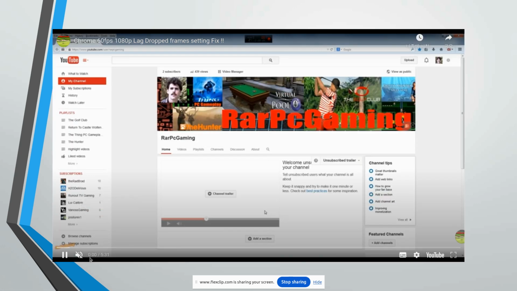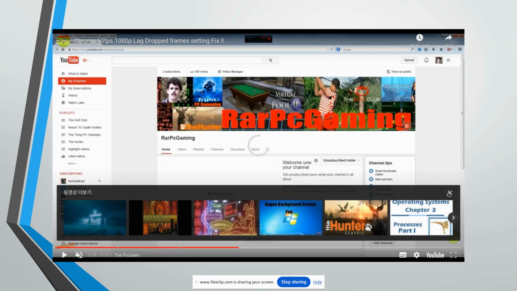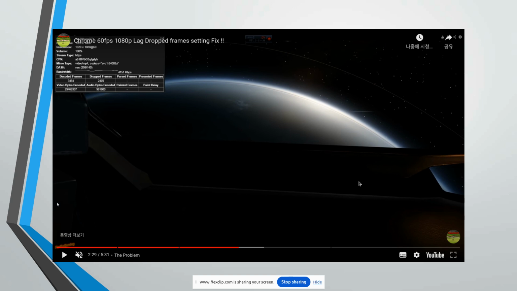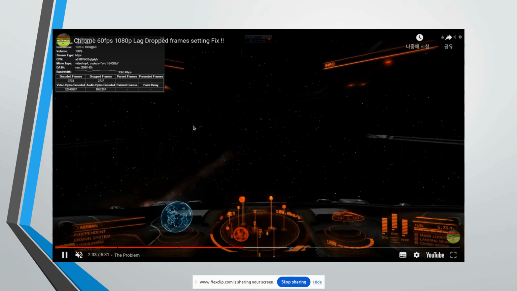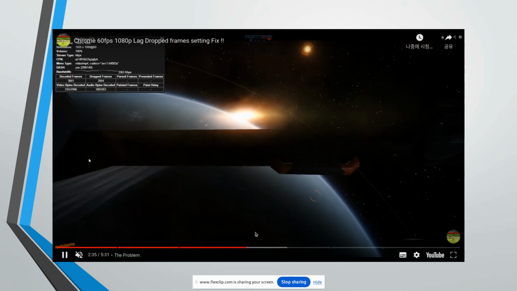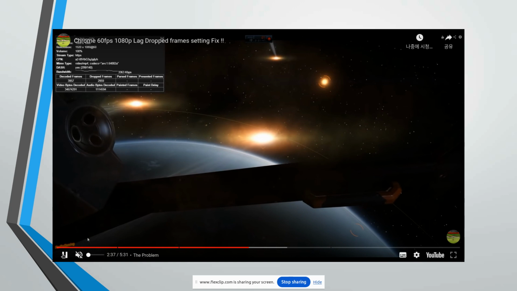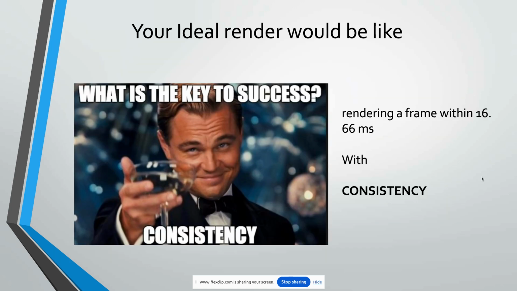This is an example of jank happening in Chrome. Your browser should be rendering a frame every 16 milliseconds with constancy, which means it needs to be constant.